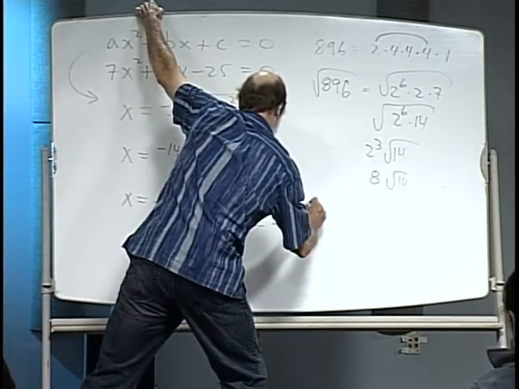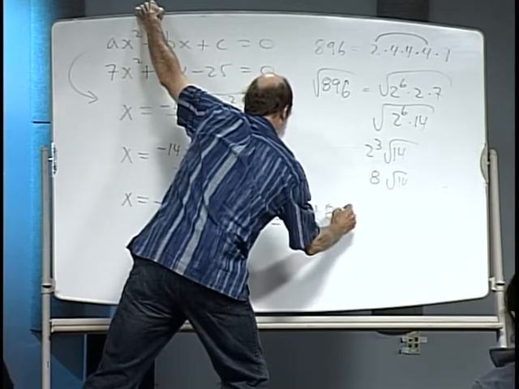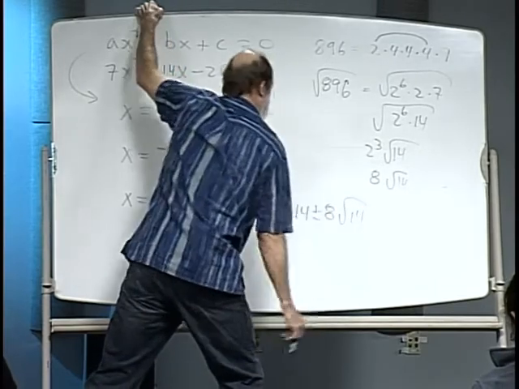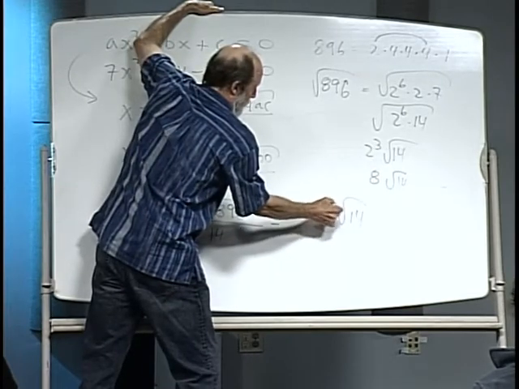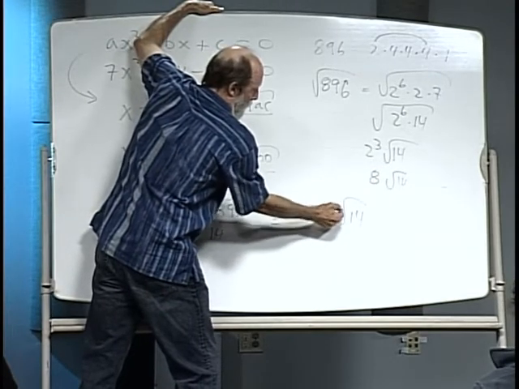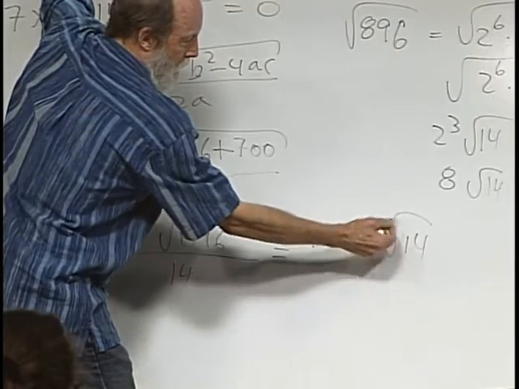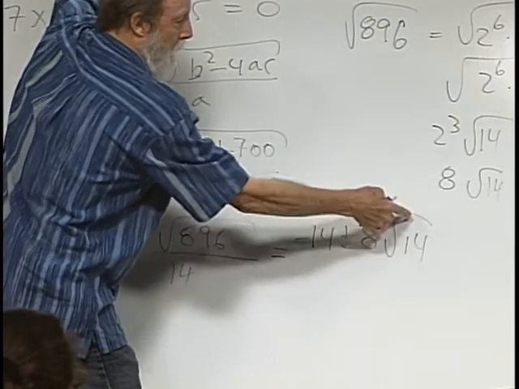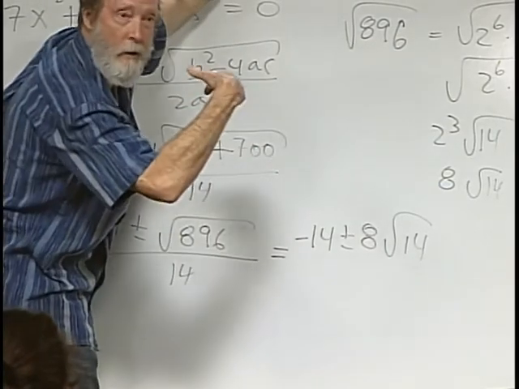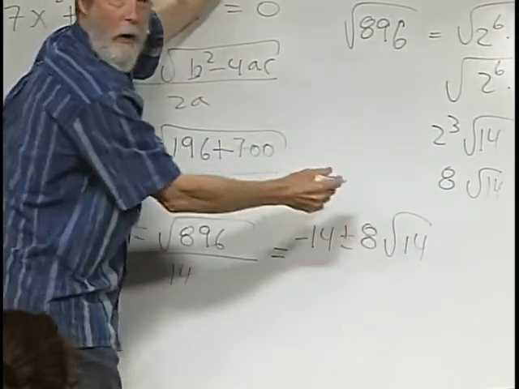We have minus 14 plus or minus 8 radical 14. And would somebody check this first? If this goes back under the radical, it goes in as a what? What number? If you take 8 back under the radical, it goes back in as a 64.